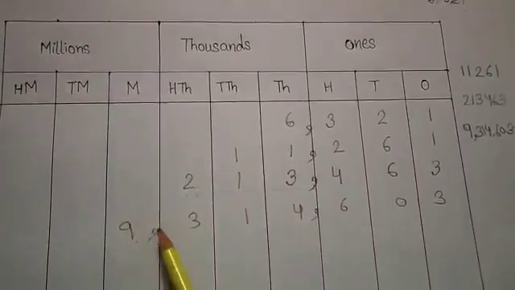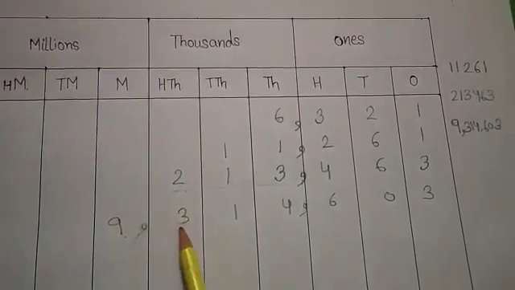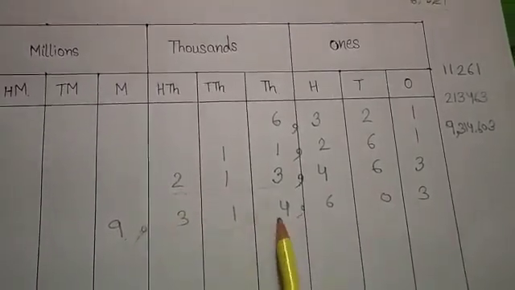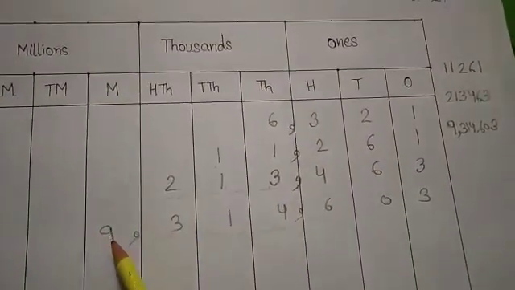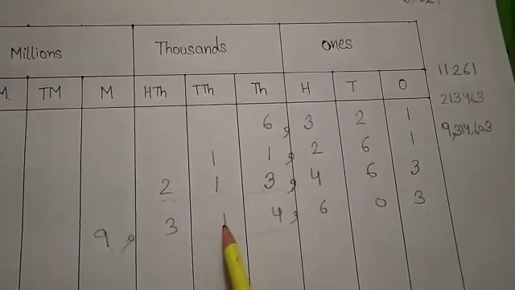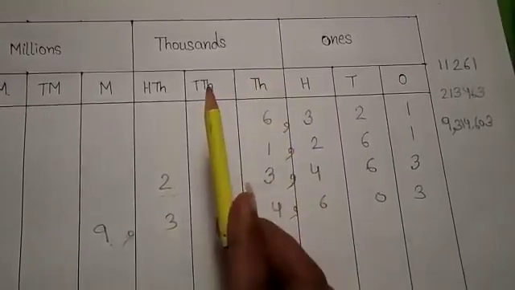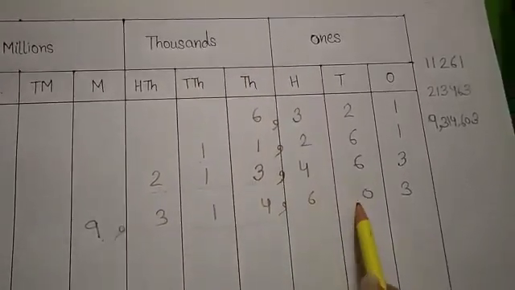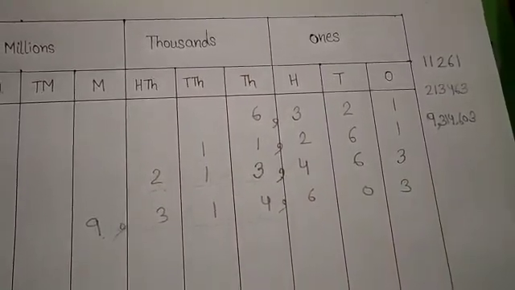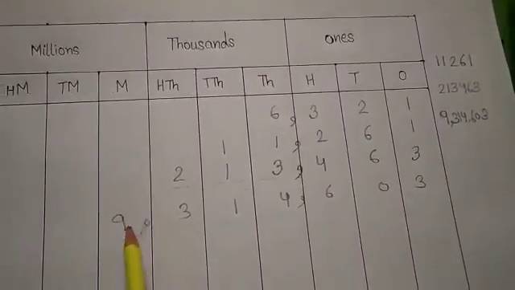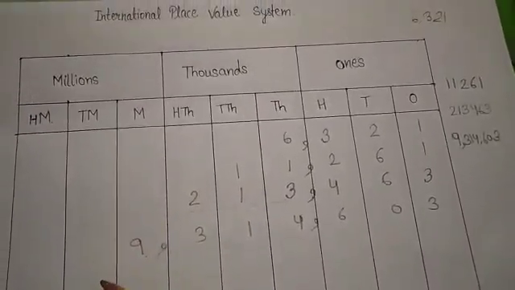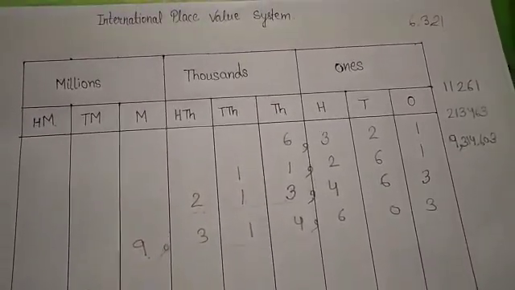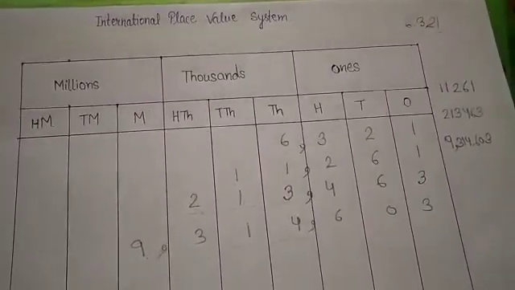So 9 million, and 314 is in the thousand period. So 9,314,603. So in this way we can do the questions in the international place value system. I hope you all have understood it.